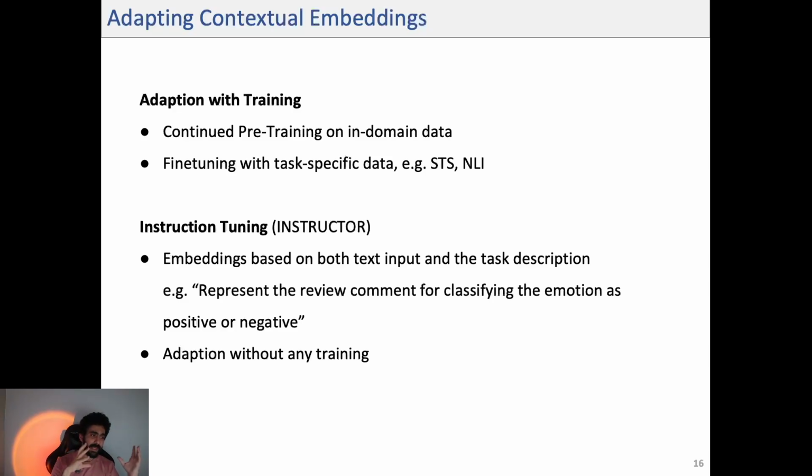And finally, in some cases, we don't train anything at all. We simply use the pre-trained model as is and try to get the best result with smart prompts or by adjusting the pooling strategy. So whether you're training, fine-tuning, or just reusing, there are many ways to make contextual embeddings fit your problem better.